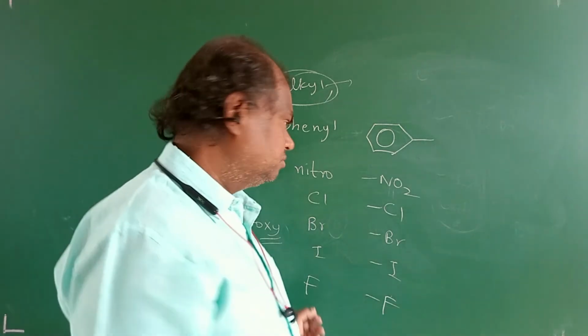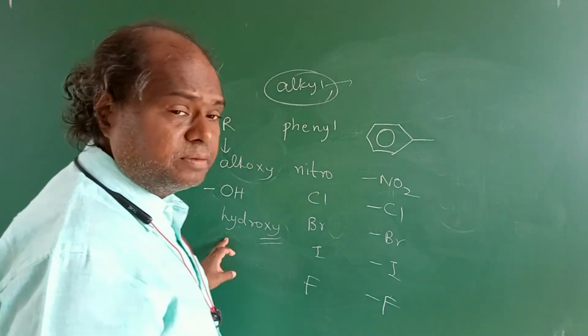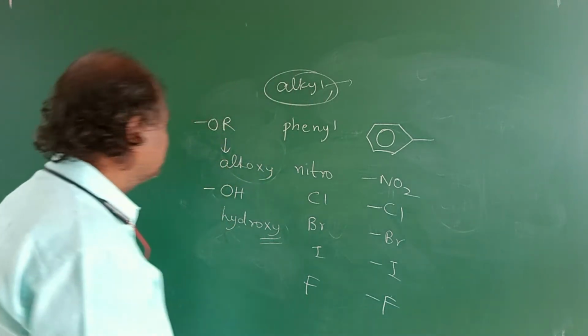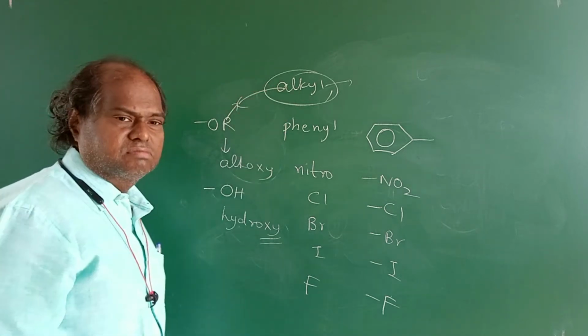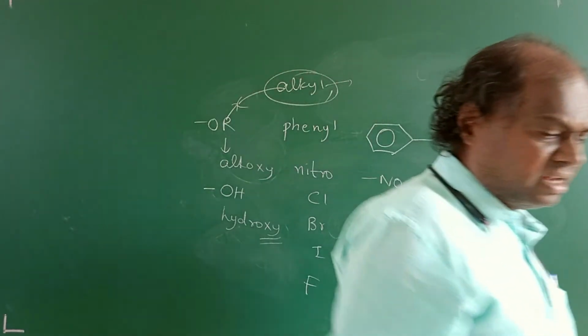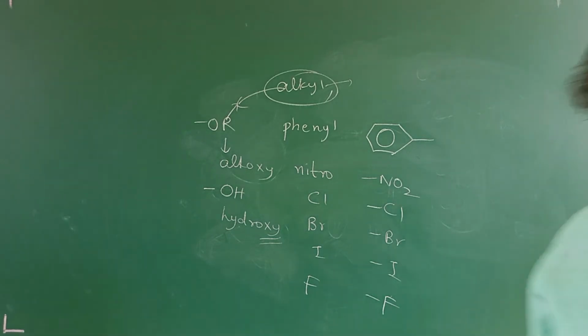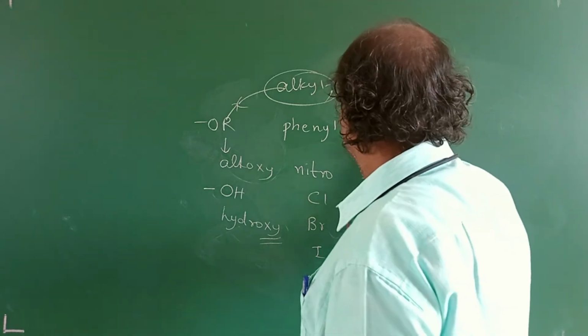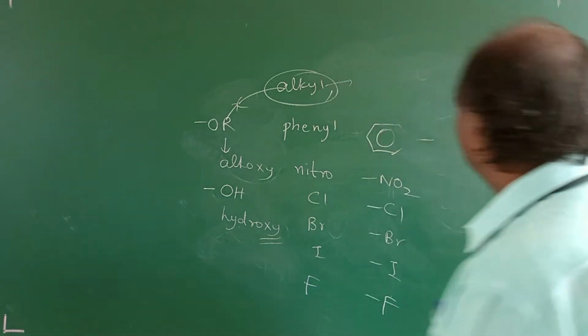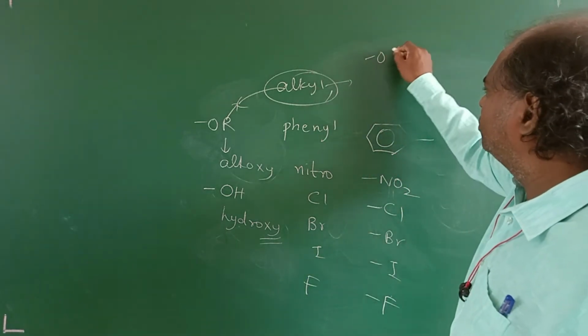Yes, friends, we'll continue now. So what is OH called? Hydroxy. What is this OR called? Alkoxy. Now this R can be the same alkyl group. Methyl, ethyl, propyl, like that. Now suppose for example, you have got OCH3.